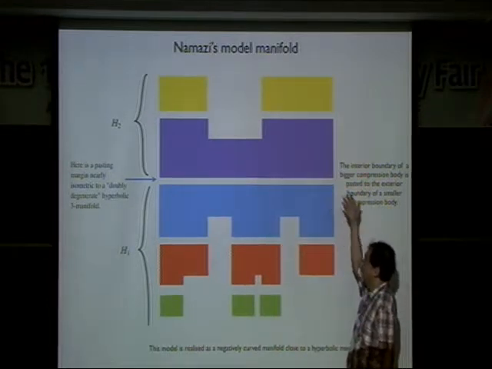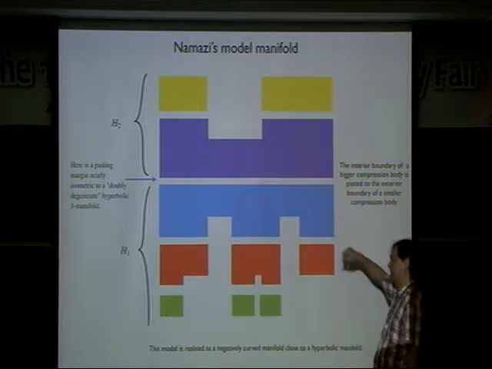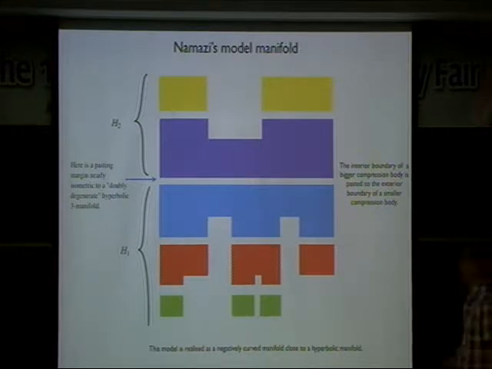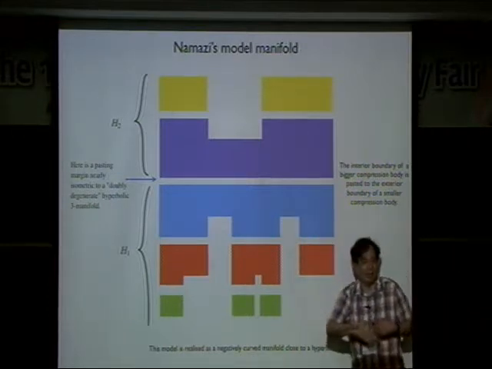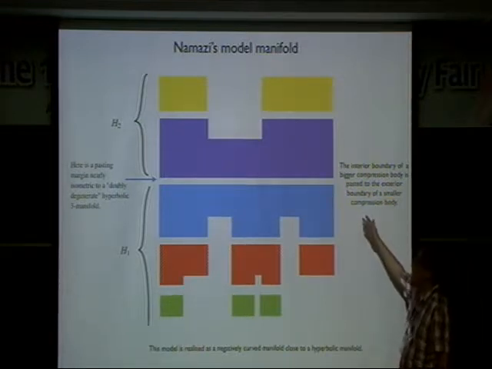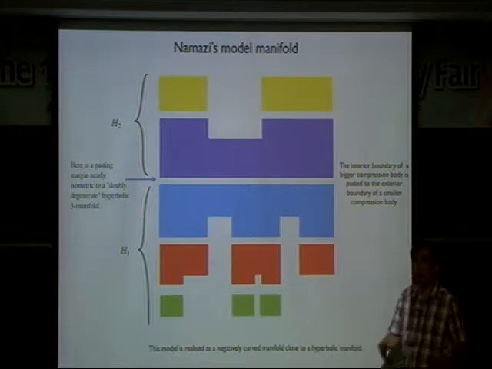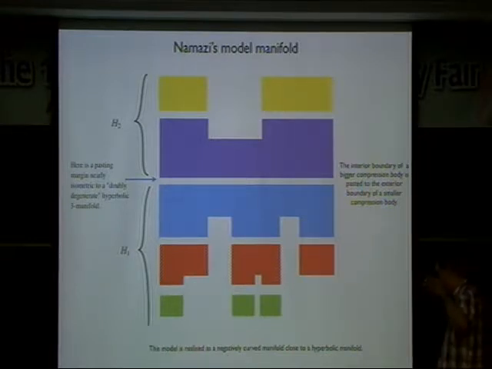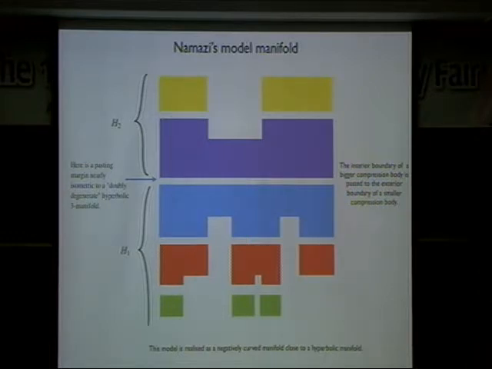Actually, some data of the meridian disks give you data on how to paste, or what kind of hyperbolic structure you have to consider. This is what Namazi did, and the point is that you can construct a model of a Heegaard splitting or n-bridge decomposition using hyperbolic compression bodies as parts.